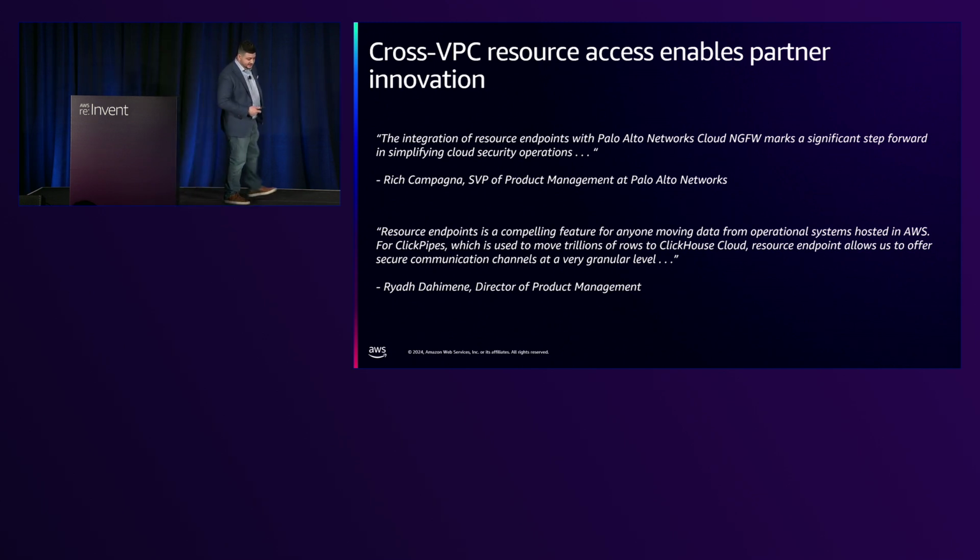Palo Alto Networks says that the integration of resource endpoints with their next generation firewall marks a significant step forward in simplifying cloud operations. ClickHouse says that resource endpoints is a compelling feature for anyone moving data from operational systems hosted in AWS. ClickPipes is used to manage trillions of rows. Resource endpoints allows us to offer secure communication at a very granular level.